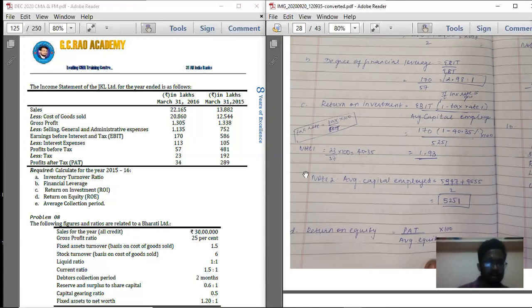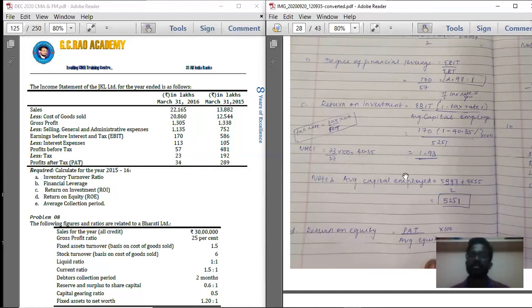Note number 1. What is the tax they have paid? 23. What is the profit before tax? 57. So tax rate is equal to tax divided by PBT, that is 23 divided by 57 into 100, which is 40.35%.